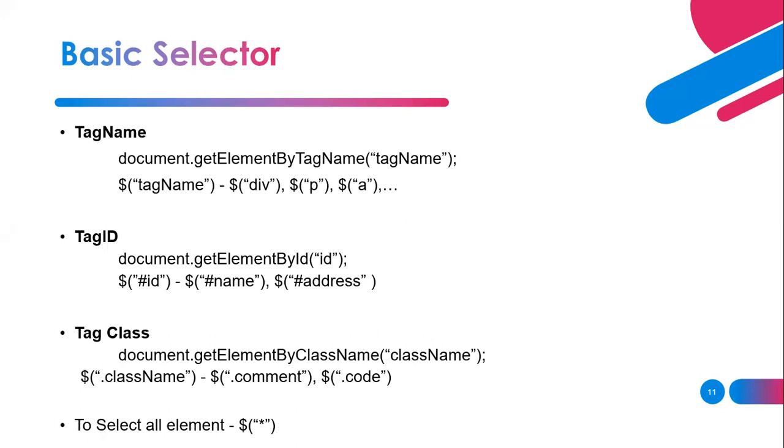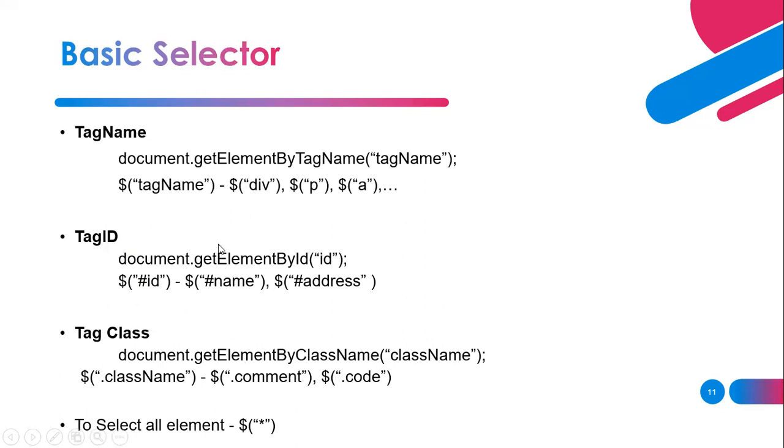Before the name of the ID, we must add the hash sign, for example #name, #address. If we have #address, the element we want to use is an element that has the ID address.